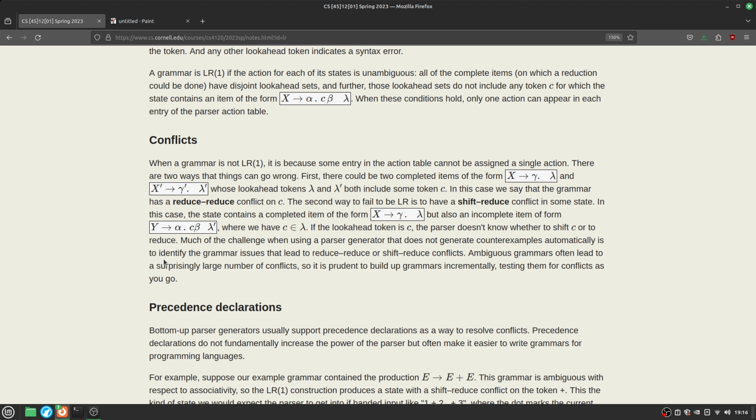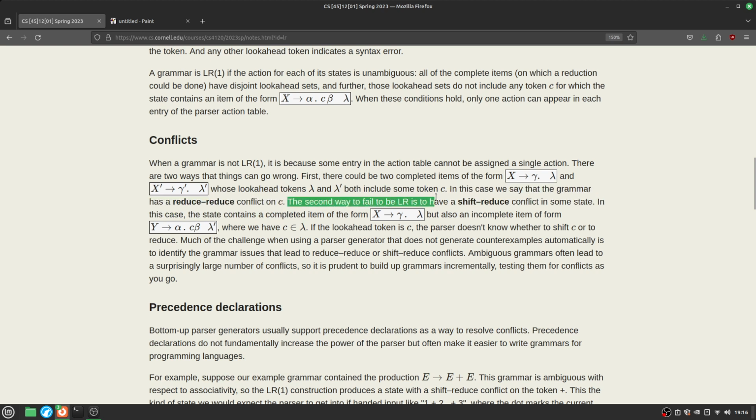First, there could be two completed items of the form X tends to alpha dot, and X prime tends to alpha prime dot, whose look-ahead tokens lambda and lambda prime both include some token C. In this case, we say that the grammar has a reduce conflict on C.